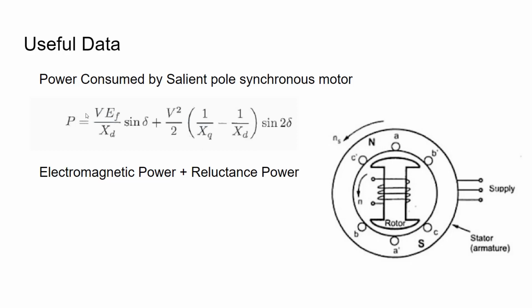So, the synchronous power consumed by the salient pole synchronous motor is electromagnetic power plus reluctance power. This is the electromagnetic power and this term is the reluctance power.